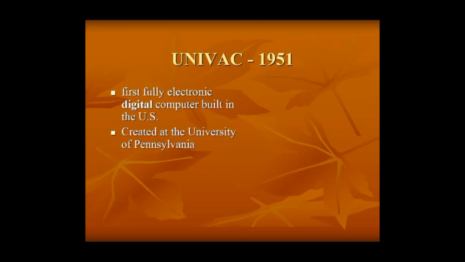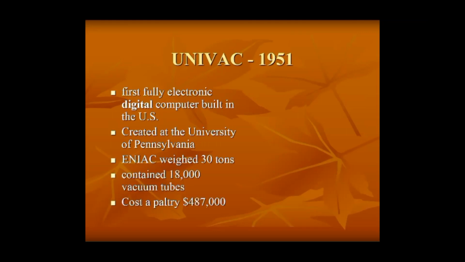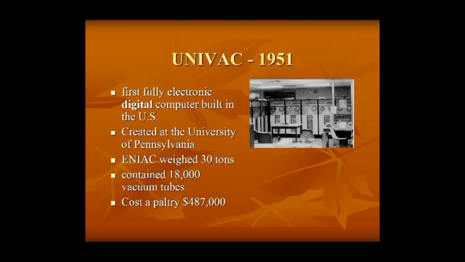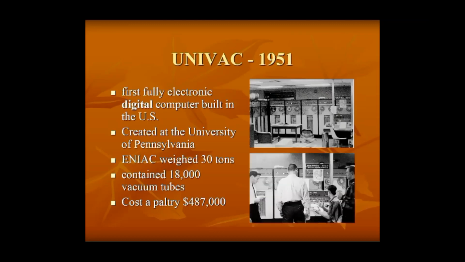It is created at the University of Pennsylvania, and the ENIAC weighs 30 tons and contains 18,000 vacuum tubes. That cost $487,000. So this is how the UNIVAC looks like. It can occupy a whole room, because if you will notice, the UNIVAC is really big.